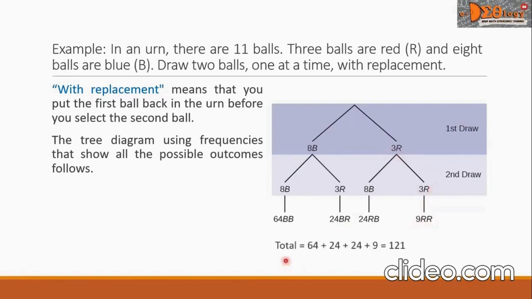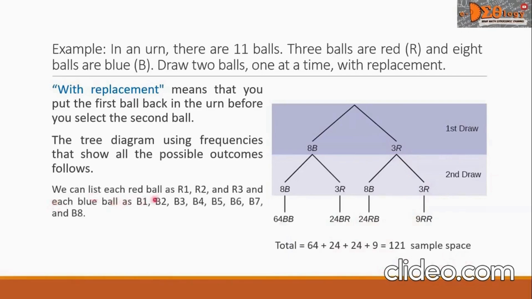Now, if you write the total of this 64, this 24 plus this 24 plus 9, the total will be 121, and this is the number of elements in the sample space.